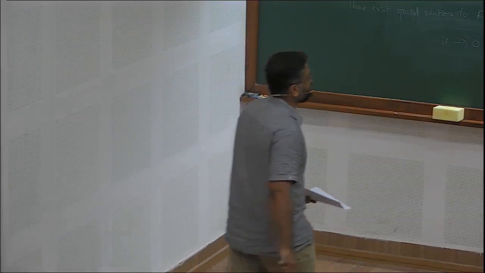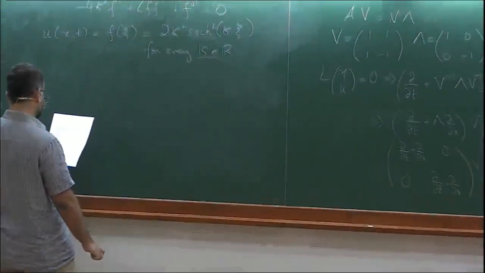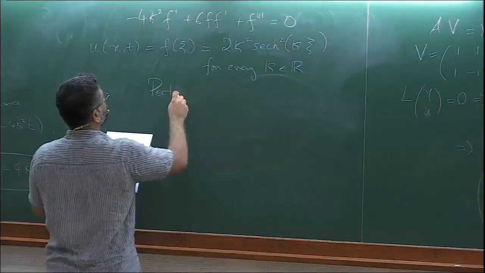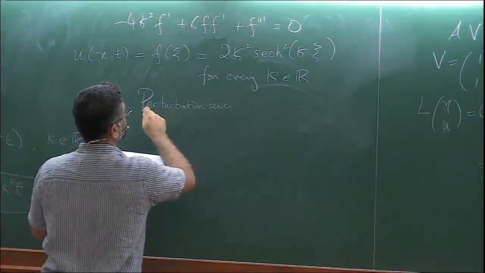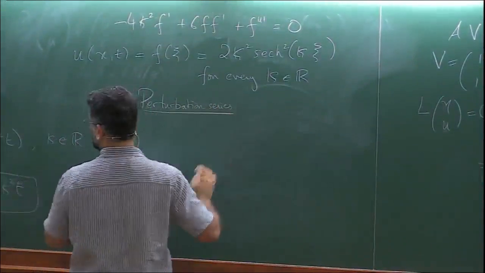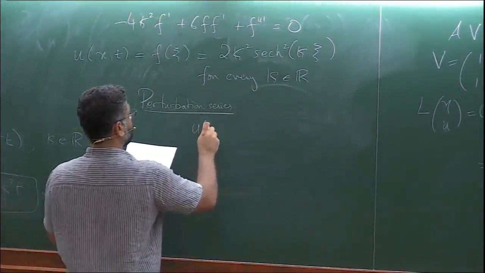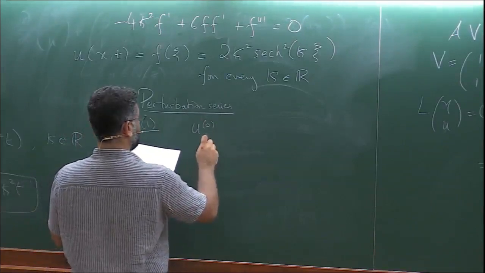Right? So I have 2 kappa squared sech squared kappa xi, and I'm going to set up a perturbation series. So if we set up u equals this, our order 1 problem is the following.